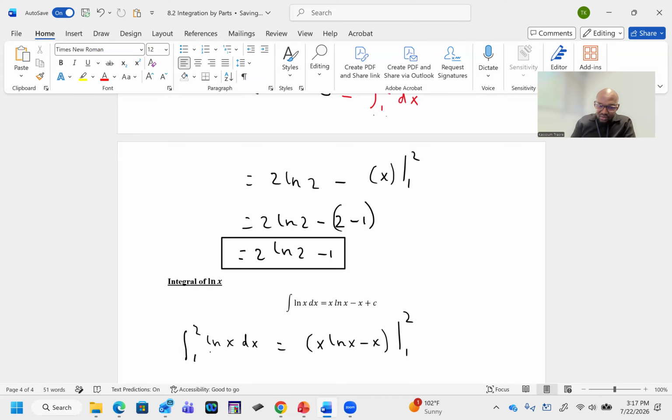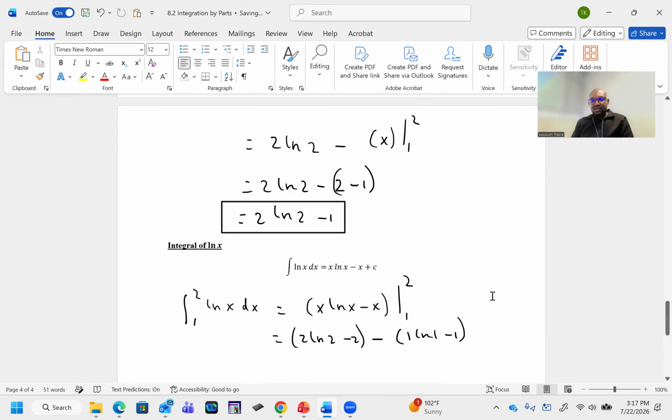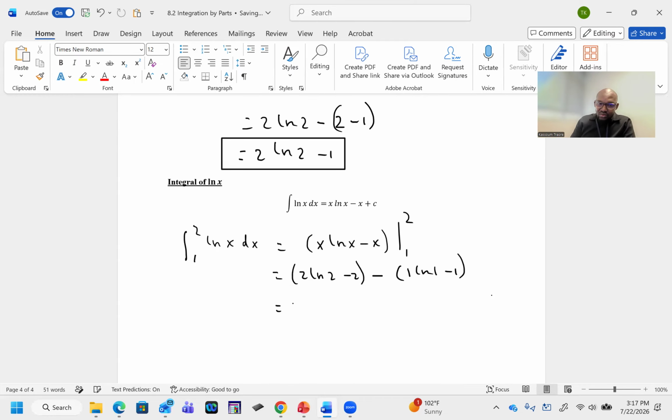If I substitute my 2, I will get 2 ln of 2 minus 2, minus, if I substitute 1, I will get 1 times ln of 1 minus 1, right? So which will give us 2 ln of 2 minus 2. Ln of 1 is 0, so plus 1, and that gives me exactly what I have. So you can memorize this one and use it when you need, okay?